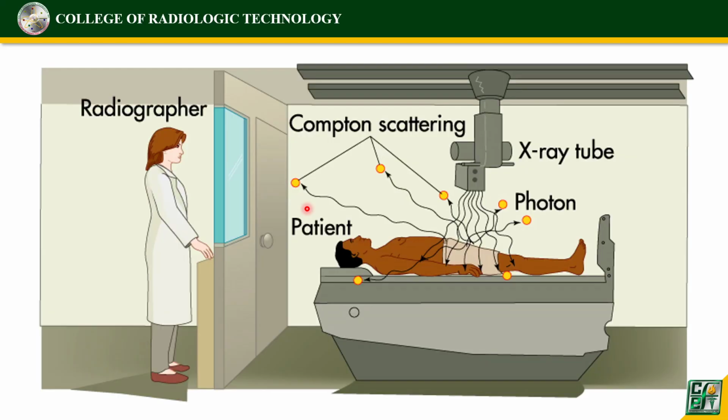Ayan po yung nangyayari. Okay, Compton scattering. So, hindi lang ito yung Compton scattering. Okay, hindi lang yan. Pati po dito, Compton scattering yan. Okay, yan. Scatter radiation yan lahat. Okay? So, dito yung beam na useful beam, yung tumatago sa pasyente.